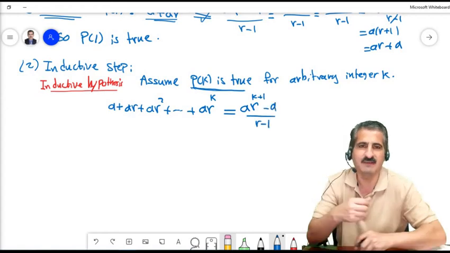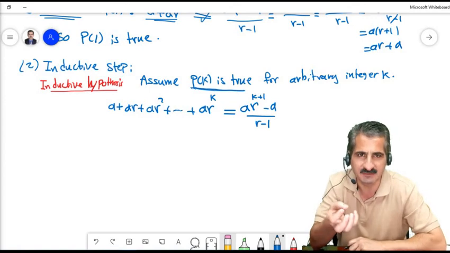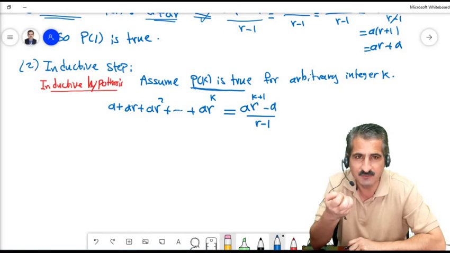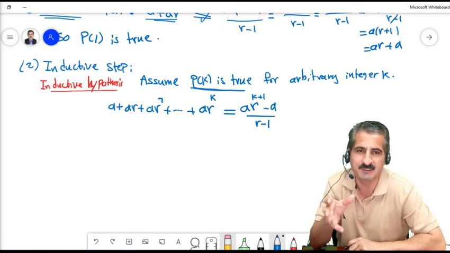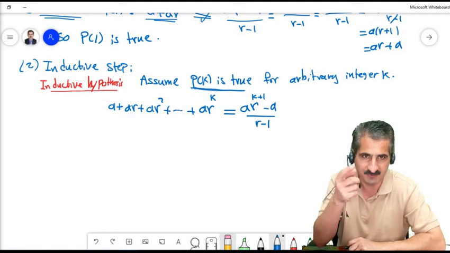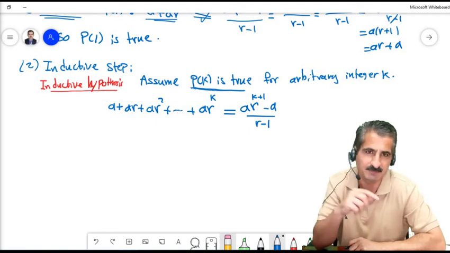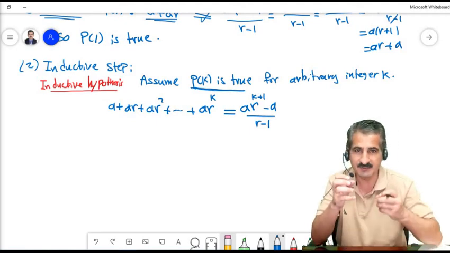So we have that assumption in hand. We are assuming that we have this in hand, and then we want to show that we can use it to prove P of k plus 1 is true, under this assumption.